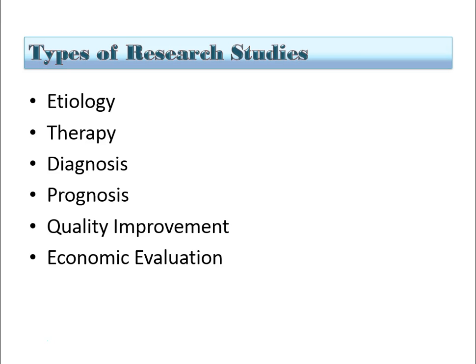There are also types of studies related to therapy, cause, diagnosis, prognosis, quality improvement, and economic evaluation. When you're looking at critical appraisal criteria or worksheets, you may find different questions and different criteria for each type of study.